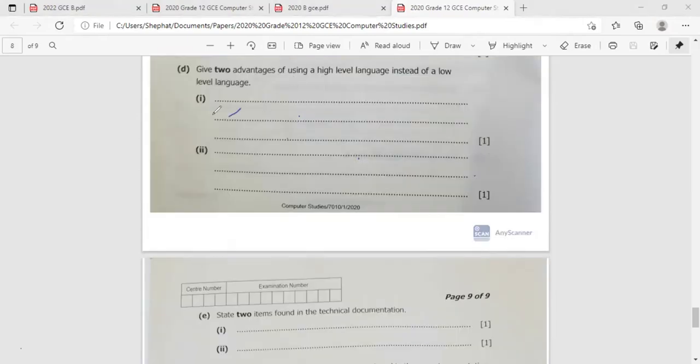High-level languages are more portable, meaning they can run on different platforms. Then high-level languages are easy to read. They are easy to test.